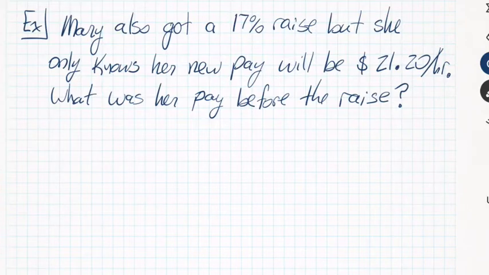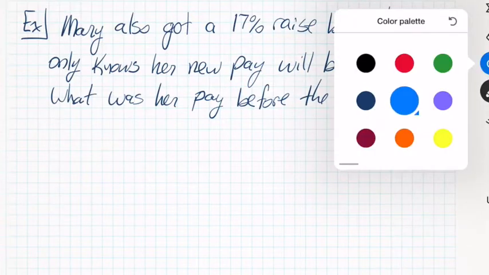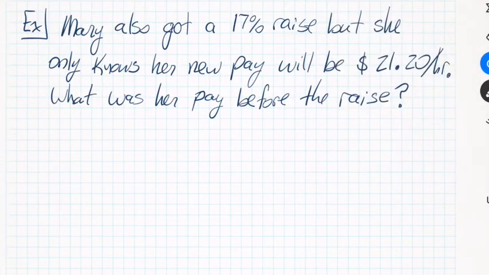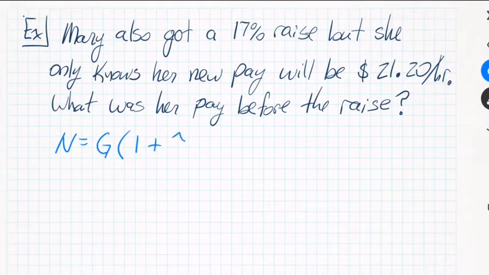You can't take 17% of 2120 and then subtract it from 2120 to go backwards. It doesn't work that way. So we're going to have to use the formula for sure on this one, where the new value is equal to the old value. We're talking about a pay raise again, so it's going to be 1 plus. If she was getting a pay deduction, which is very rare, it would be 1 minus. And then the percent is going to be written as x over 100.